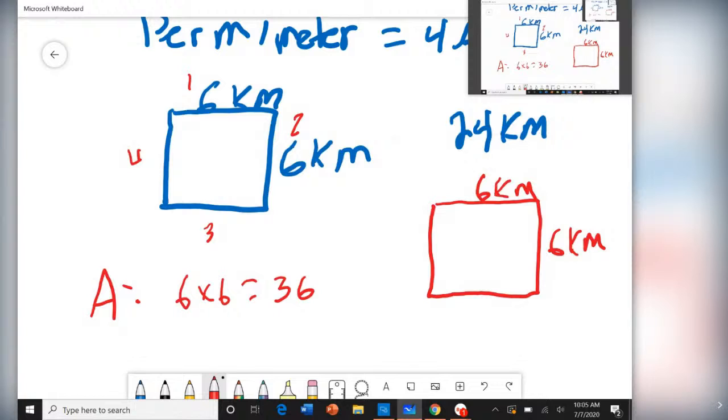One way you could think of that too is that the area is the surface area.